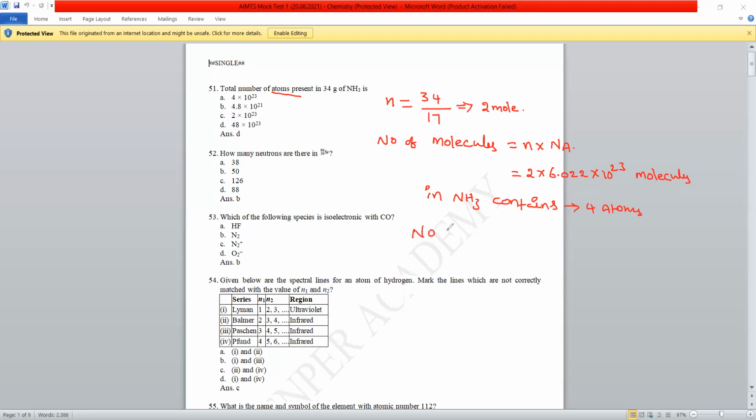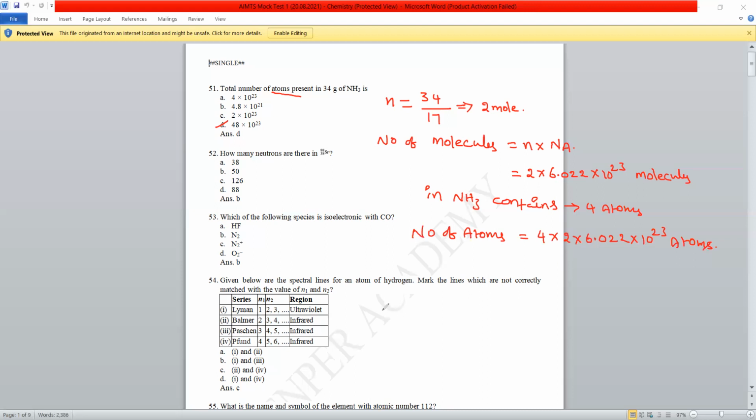Total number of atoms equal to 4 into 2 into 6.022 into 10 to the power of 23 atoms will be present in 34 grams of NH3. On simplification we will get the answer as D.